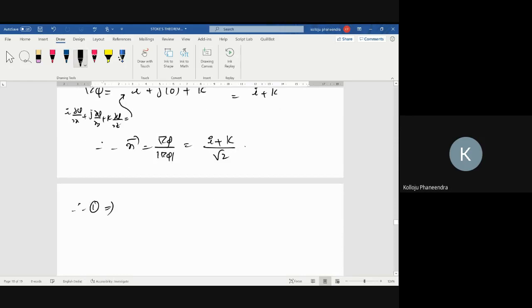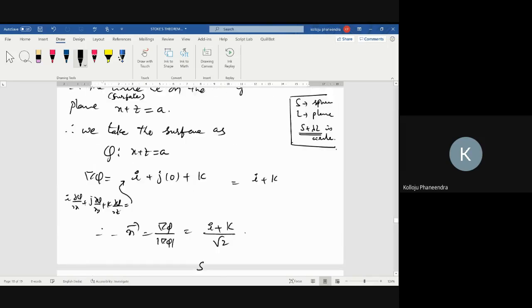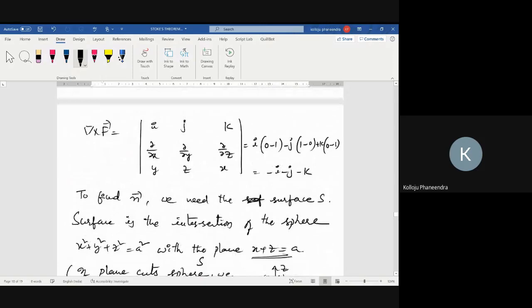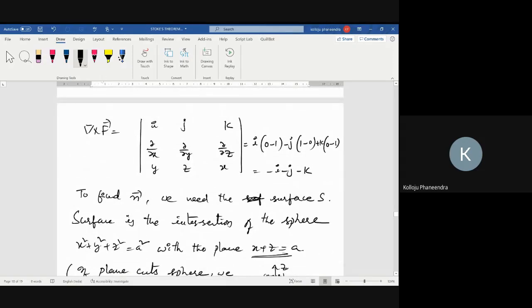Now, equation 1 implies, what is 1? The circulation over C, which is given as y dx plus z dy plus x dz, is equal to the double integral over S of del cross F bar dot n bar dS. We have calculated del cross F bar as minus of i plus j plus k.